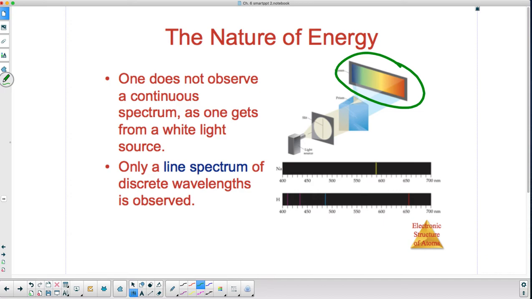And what you'll see then is the rainbow color, so ROY G. BIV. But if you shine a light through the prism, and that light comes from something like the neon gas, then only specific wavelengths are given off by that light, so you will not see a continuous spectrum like we have up here in the corner. What you'll see is something called a line spectrum. So a line spectrum comes from discrete wavelengths being observed.